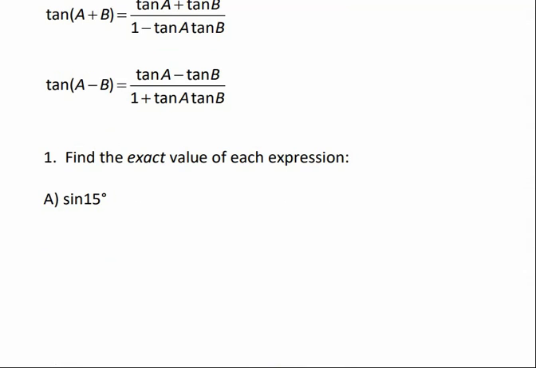If you have some other values from the unit circle that will give you the angle that you're looking for, you can use those and you'll get the same answer. So for the sine of 15, I can get that by subtracting 30 from 45. So those are the angles that I'm going to use. I'm going to say that this is the same thing as the sine of 45 degrees minus 30 degrees.